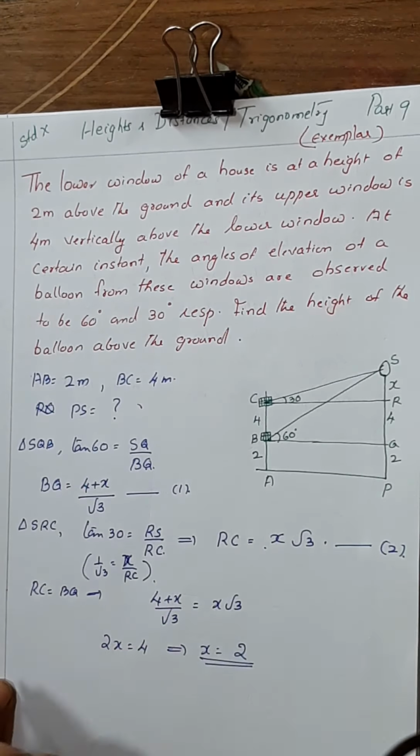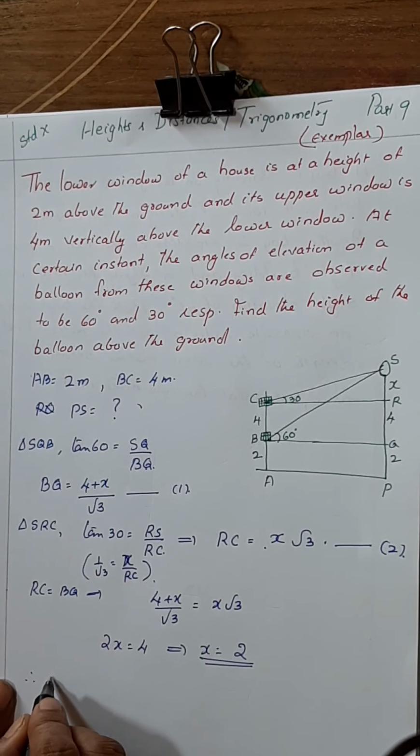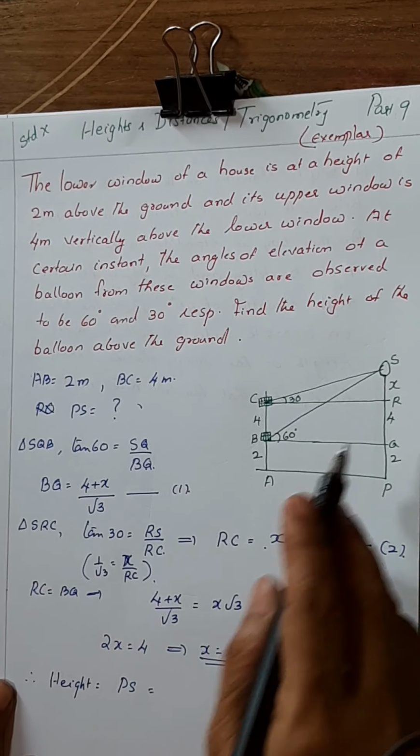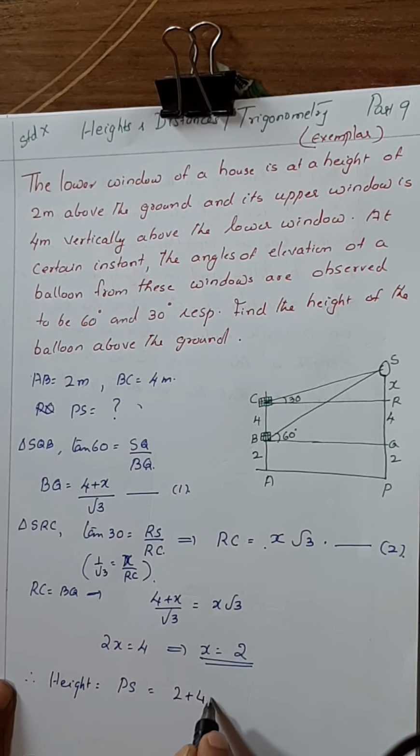Now, we have to find the height of the balloon. Therefore, height is equal to PS. So, 2 plus 4 plus 2. So, 8 meters. So, therefore, height of the balloon is equal to 8 meters.